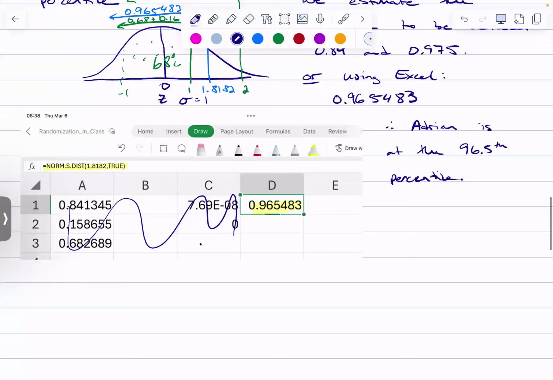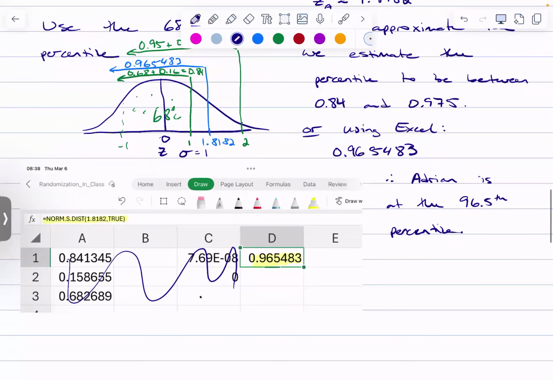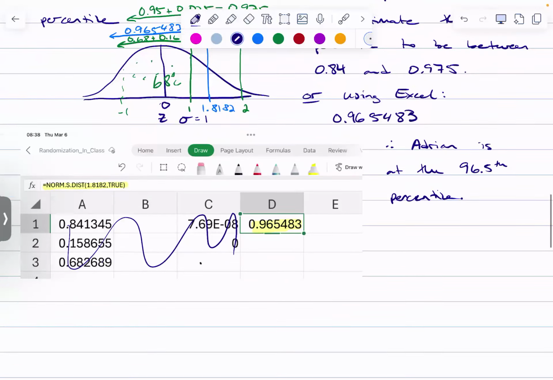And if someone tells you, oh yeah, my baby's at the 90th percentile for weight, they've got a chunky baby. Or if they're in the 10th percentile, they're a little tiny baby.